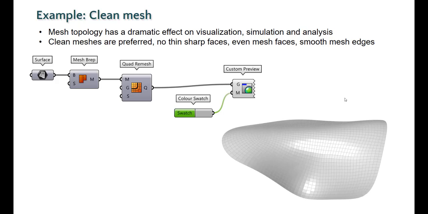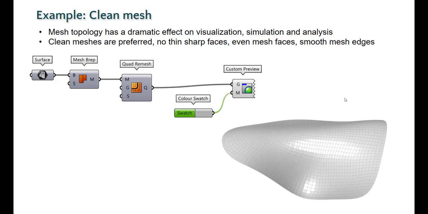And so mesh topology in general has a dramatic effect on many things, from visualization to simulation to analysis. If you have a really weird sort of mesh topology, it just won't look right because it's going through and it's calculating all the normals, the face normals and the vertex normals, and using that to create smooth shading across that surface.